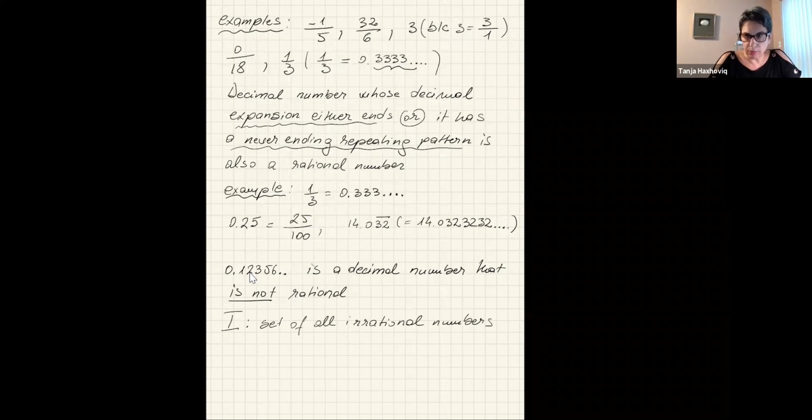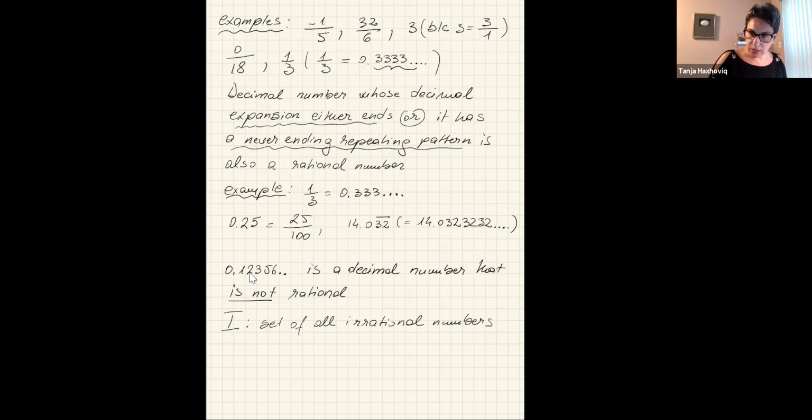So what are irrational numbers? Irrational numbers are all numbers that are not rational. Numbers that are not positive integers, negative integers, and so on. So everything that's not a rational number is called an irrational number.